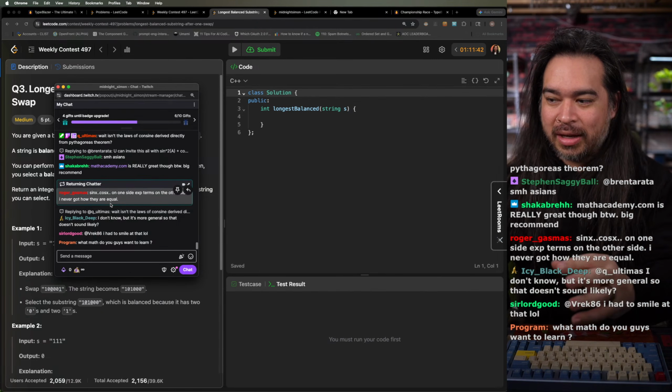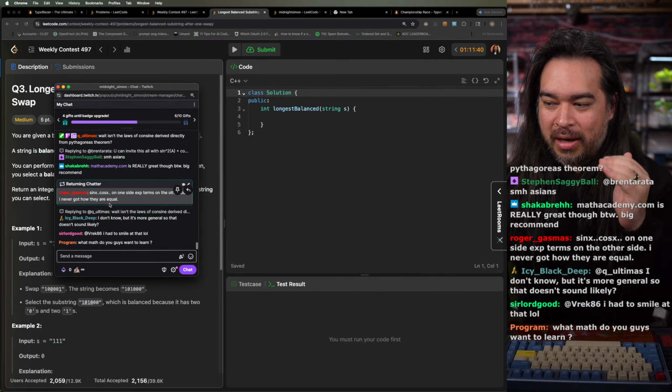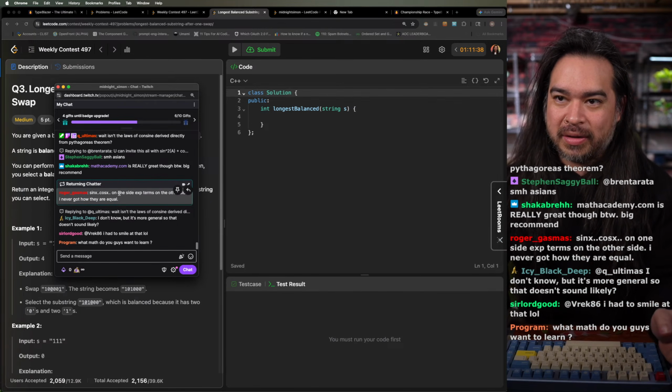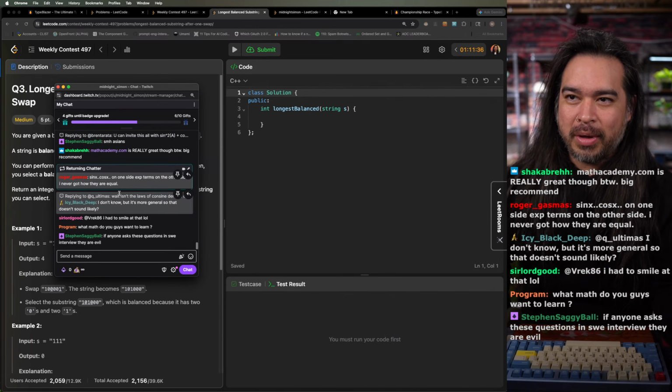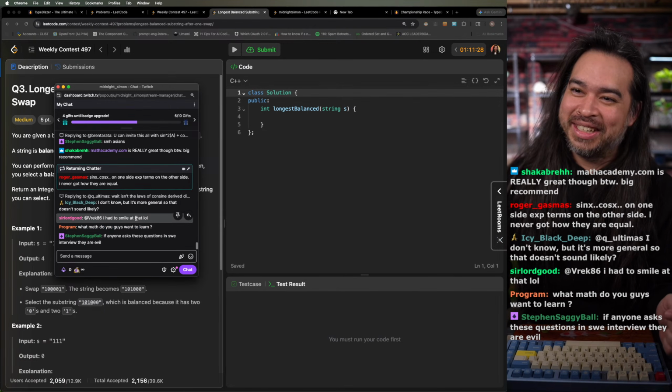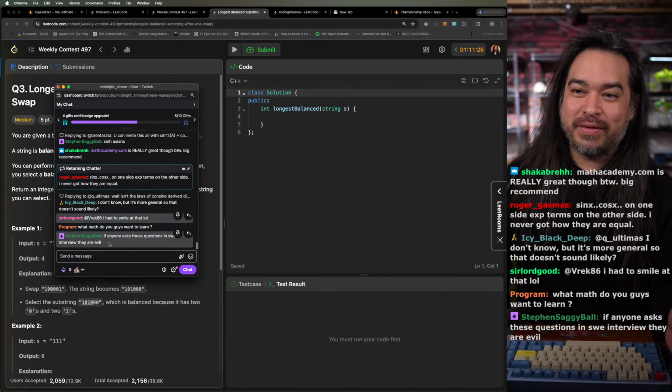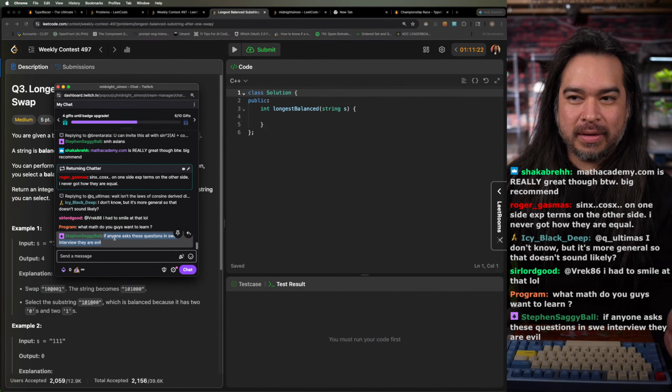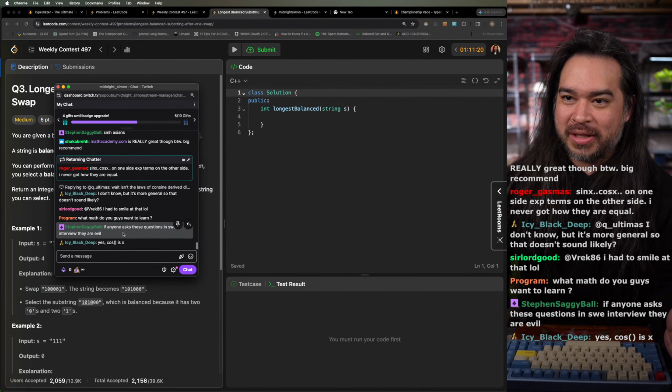And the cosine of something is supposed to be the x component of that vector or whatever. Or maybe I've got them mixed up because it's been so long. What math do you guys want to learn? None. If anyone asks these in interviews, they are evil. Maybe if it was for Tesla or some robotics company.